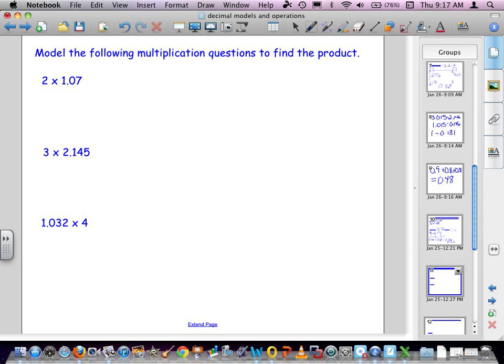So for this, because I have a whole number times a decimal, I'm going to think sets of. So I want to build 2 sets of 1 7/100. Okay? So what would that look like in terms of our models?